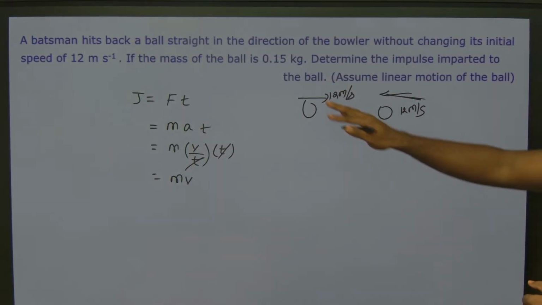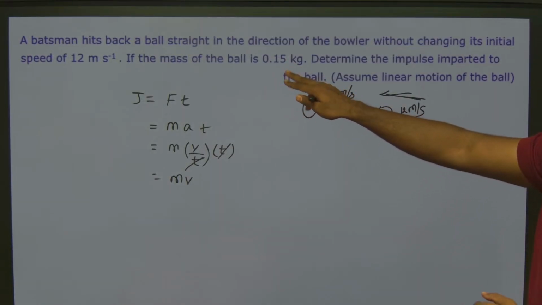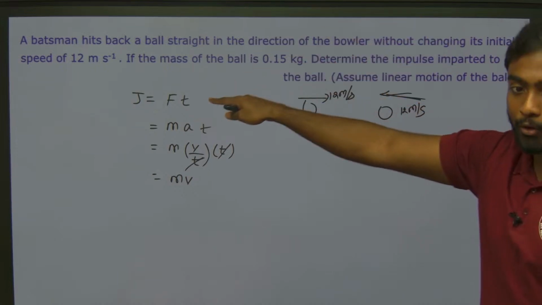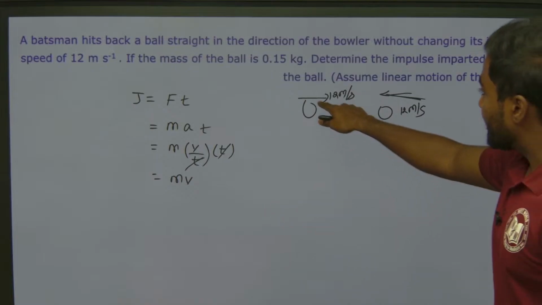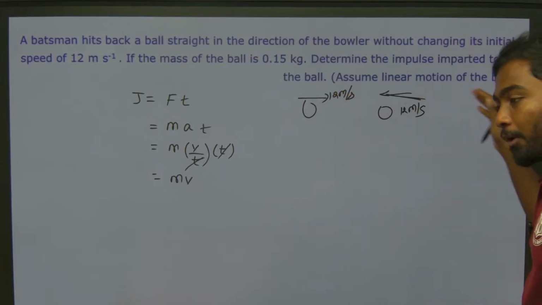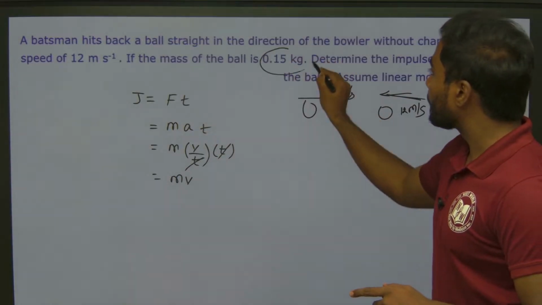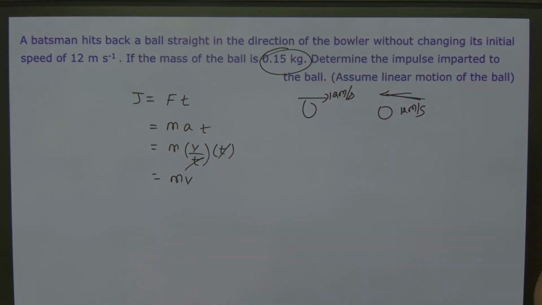The batsman hits back the ball without changing its initial velocity. Initially the velocity was 12 meter per second, and after hitting also it is 12 meter per second. If the mass of the ball is 0.15 kg, determine the impulse imparted to the ball. So I need to get the change in momentum, right?